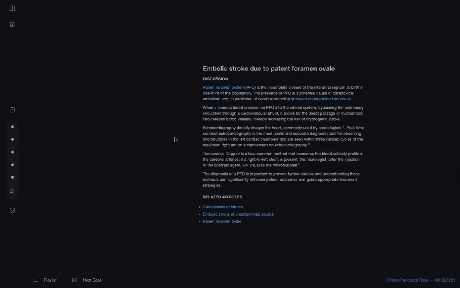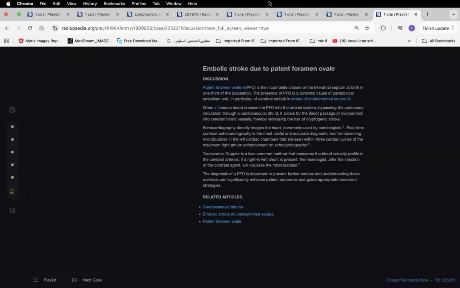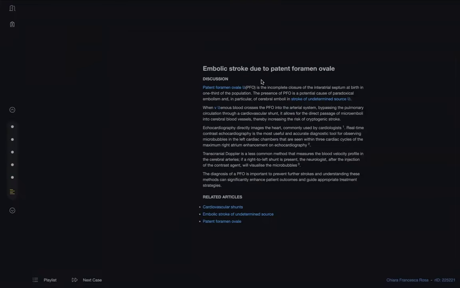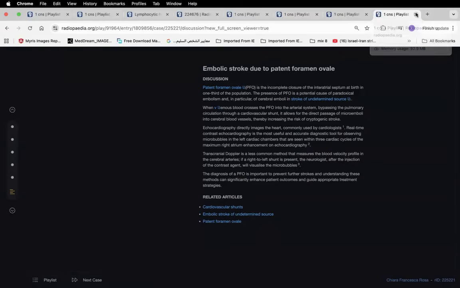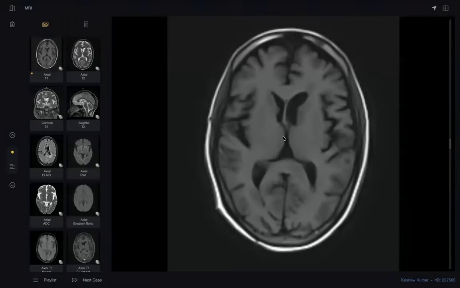It may be a thrombus, it may be myxoma, but this pathology is very clear, or any septal defect. Embolic stroke due to patent foramen ovale. By the way, my colleagues, embolic stroke is very commonly associated with hemorrhagic transformation. Okay, thank you. Next candidate.